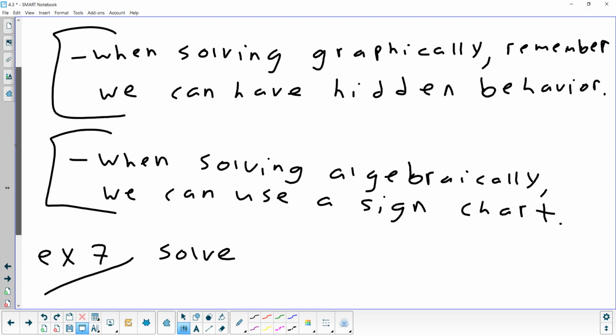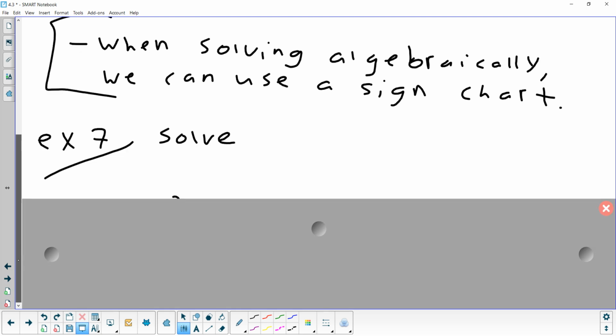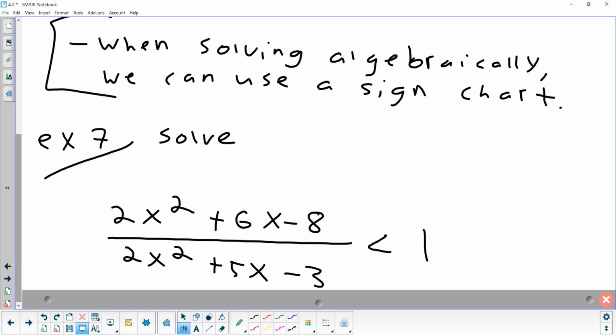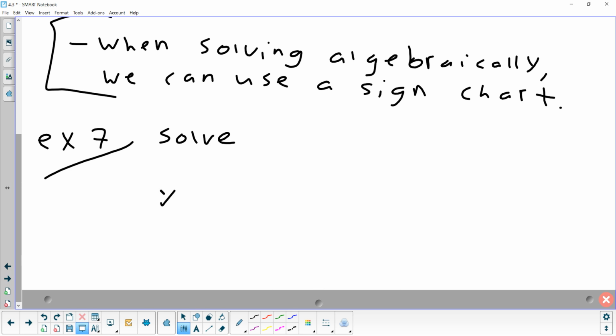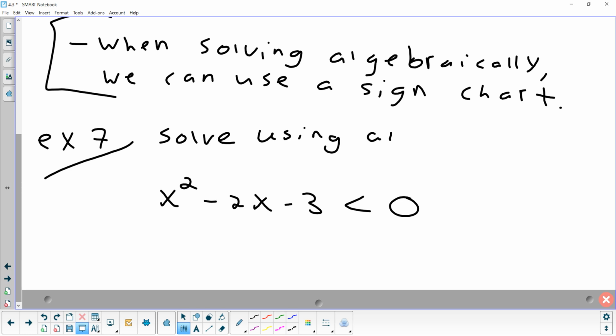Okay, let's try this. So let's try solving x squared minus 2x minus 3 is less than 0. So again, the sign chart is only going to work if you can factor it. And if I ask you to solve with algebra, then it will be factorable.